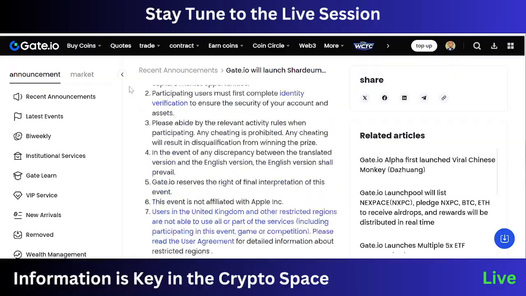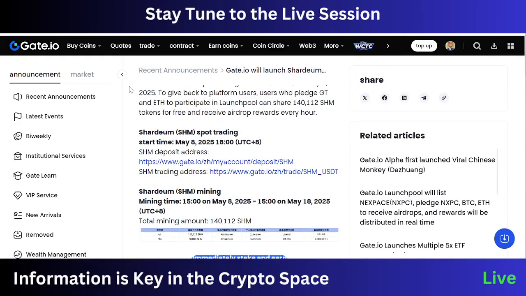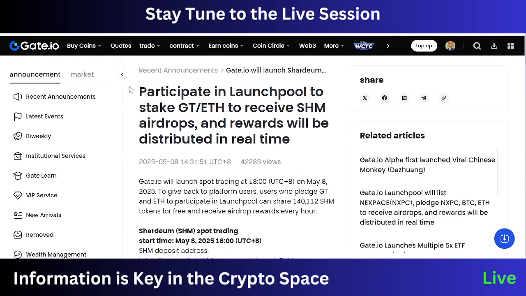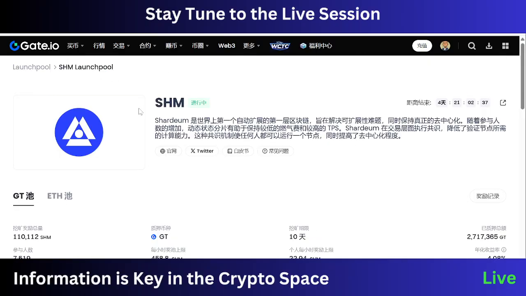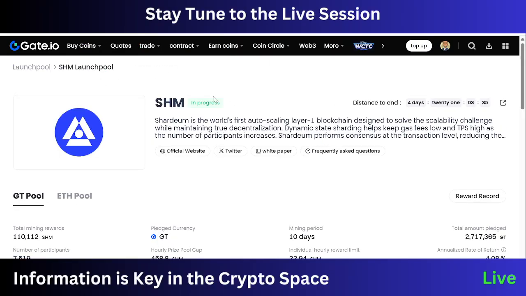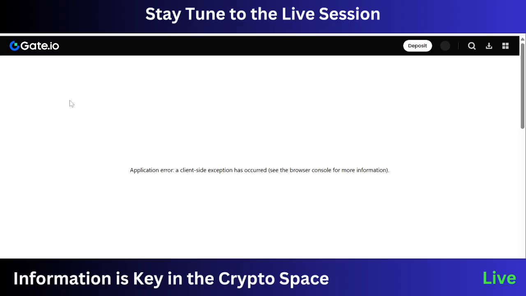So guys, there is some client-side exception on the Ethereum pool application. Okay.